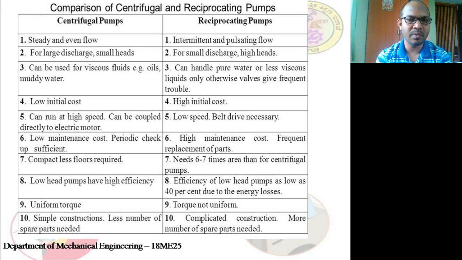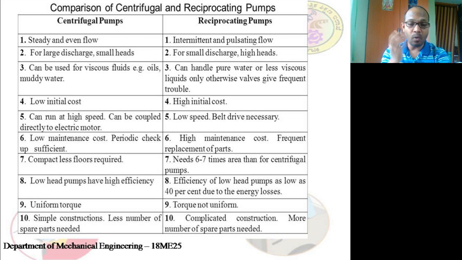Centrifugal pumps can be used for viscous fluids, for example oils and muddy water, and even for sewage water and drainage water, and even the mortar is also being used. Whereas the reciprocating pumps can handle pure water or less viscous liquids only, otherwise the valves give frequent troubles. Viscosity is such that if you take water, its viscosity is less compared to oil.